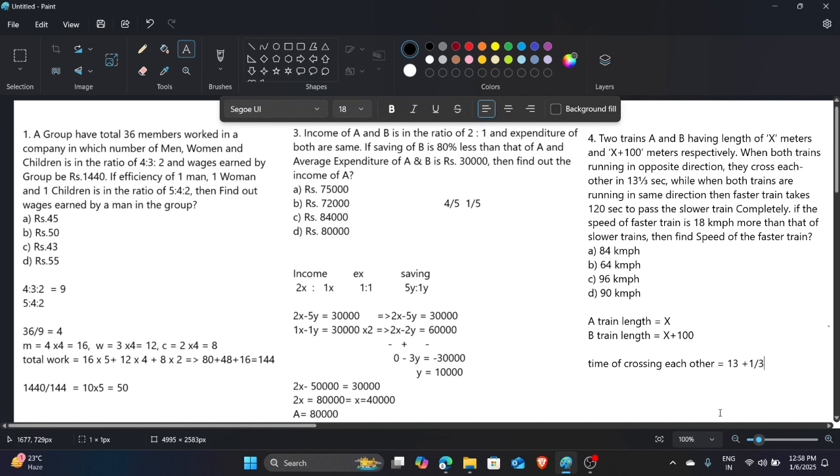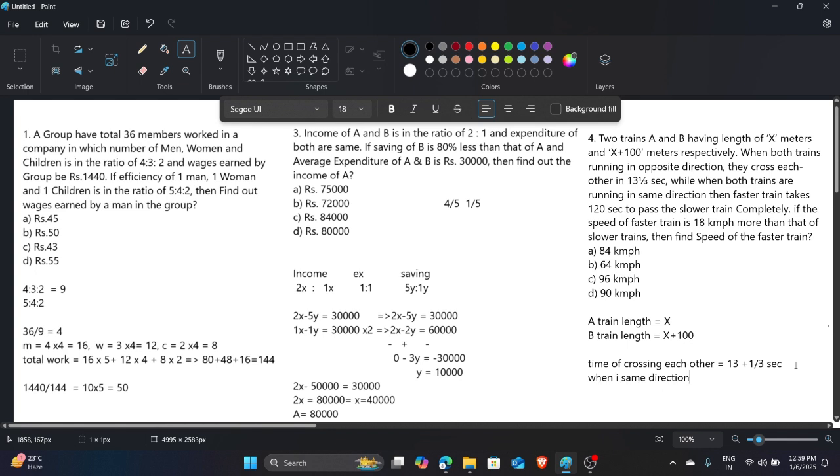This can be written in this format also. Okay, in seconds. Now when both trains are running in the same direction, the faster train takes 120 seconds to pass the slower train completely.